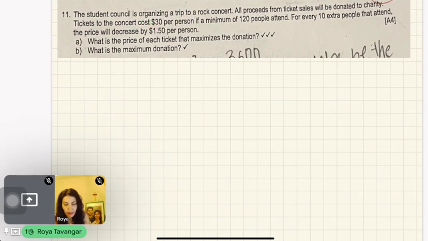If a minimum of 120 people attend, for every 10 extra people that attend, the price will decrease by $1.50 per person. What is the price of each ticket that maximizes the donation? What is the maximum donation?